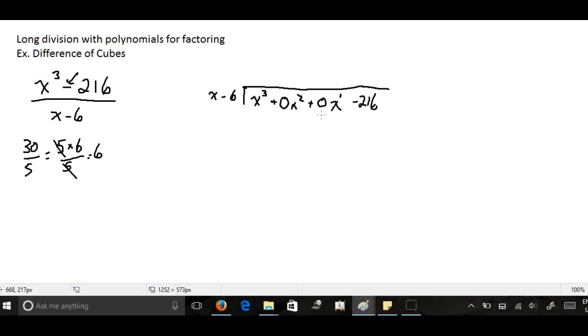Okay, so we perform this long division the same way we would with a numerical example, focusing on the first term going into the first term here, okay? Keeping in mind that we do have two terms. So x cubed divided by x.